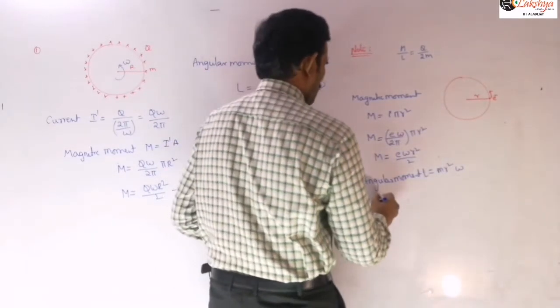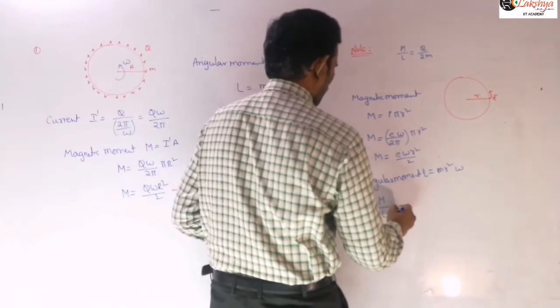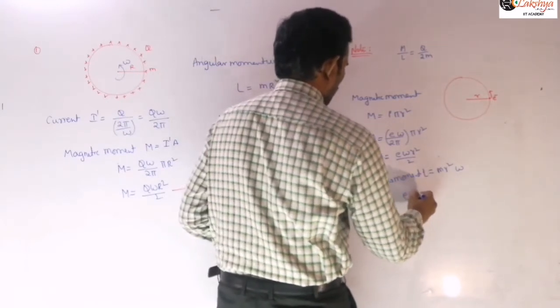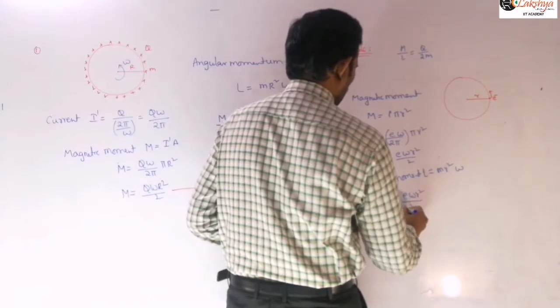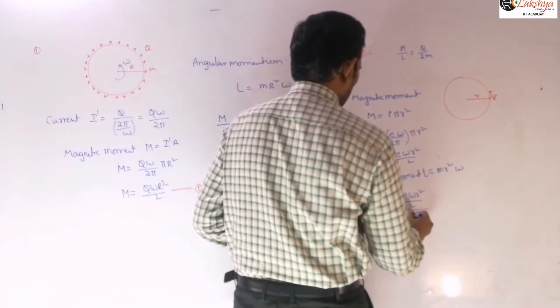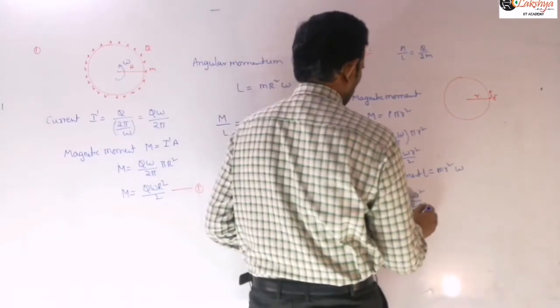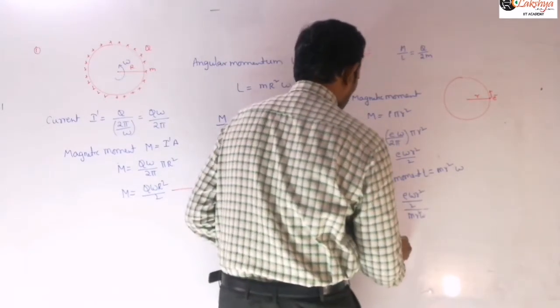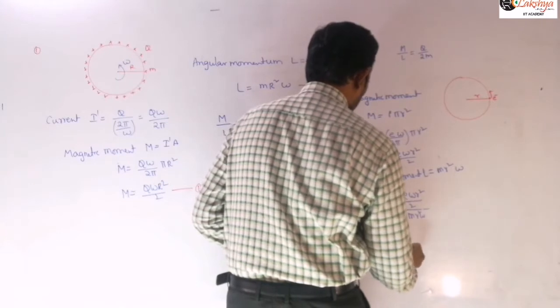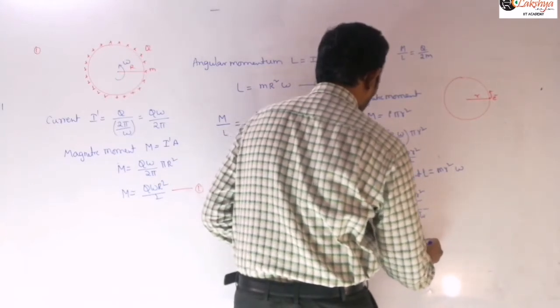Then write the ratio of magnetic moment to angular momentum: e omega r square by 2, divided by m r square omega. Therefore M by L is equal to e by 2m.